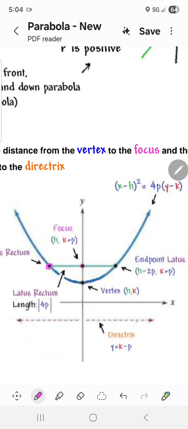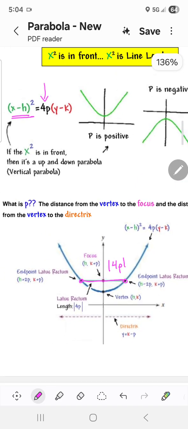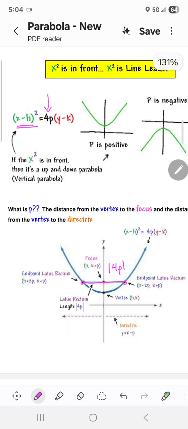It is 2 points on the parabola that go through the focus. And the distance of this line is the absolute value of 4p. And we say the absolute value because distance is always positive, and p can actually be positive or negative. So, a couple of interesting things with the parabola, and they all kind of center around that value of p.